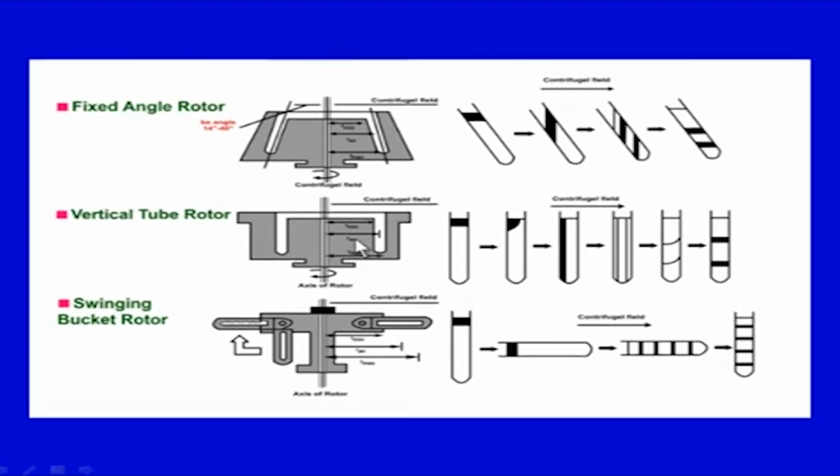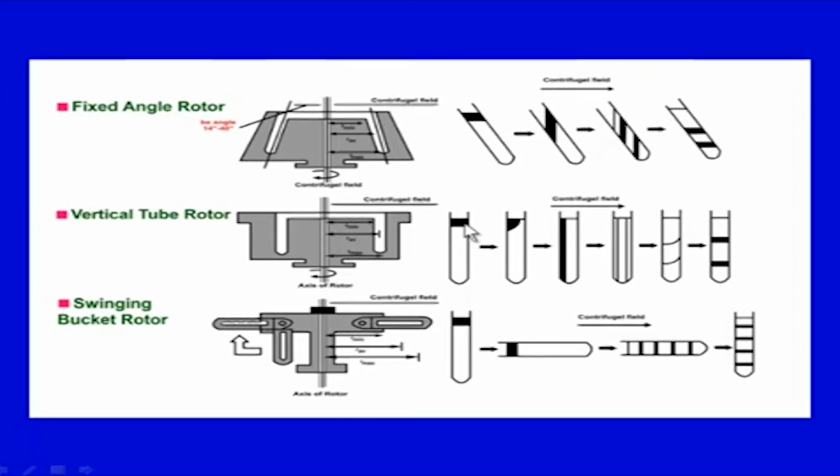In vertical tube rotors, if you can see here, the tubes are in a vertical position; there is no angle as in angled or fixed angle rotors. You have layered your sample on the top, and this is the resting position.